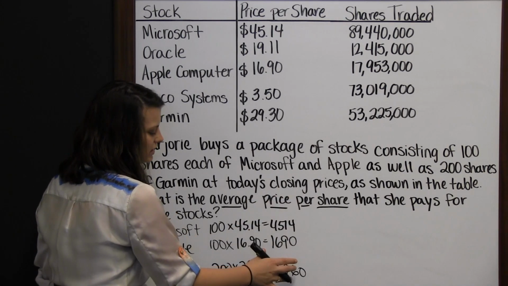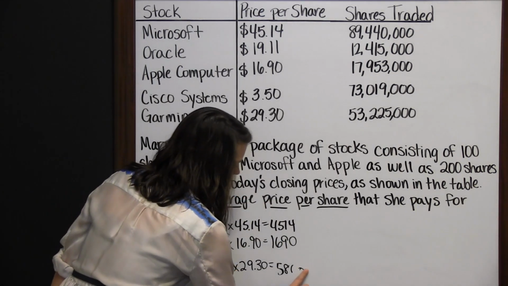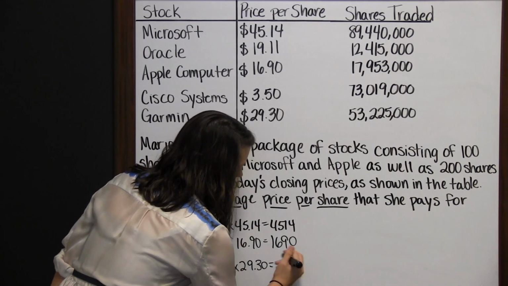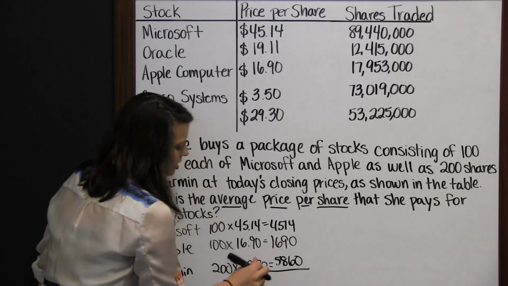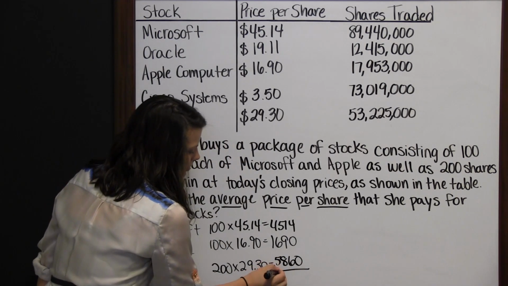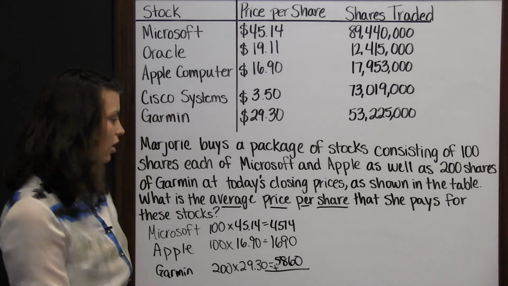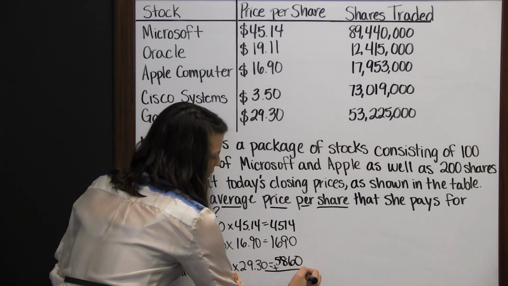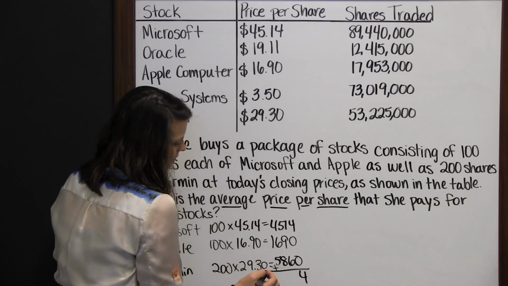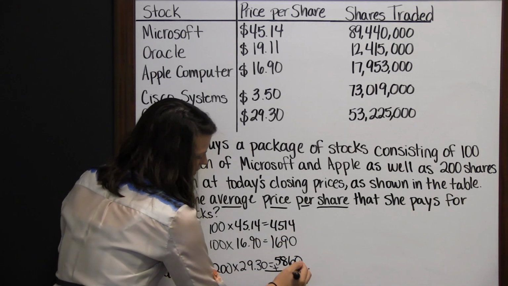So I can use this then to find my total amount of money spent. I'm just going to move this up a little so I have some more room. So I'm going to add these three costs together to find my total cost, or my total price. So 4 plus 0 is 4. 1 plus 9 is 10, plus 6 is 16.